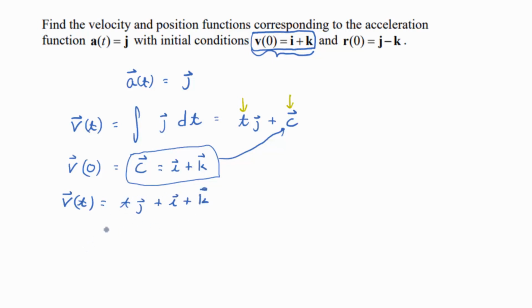So I'll just write it in the usual order, i plus tj plus k. And so I've recovered the velocity function. I'm not done, but does that make sense?